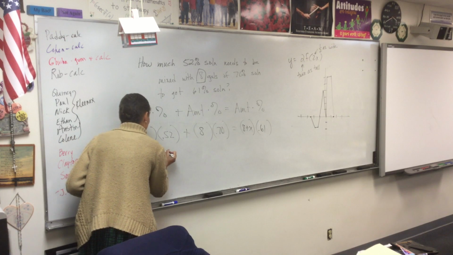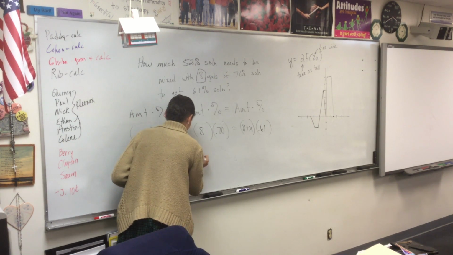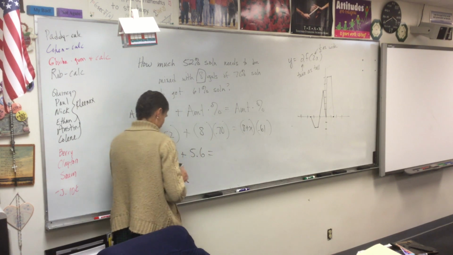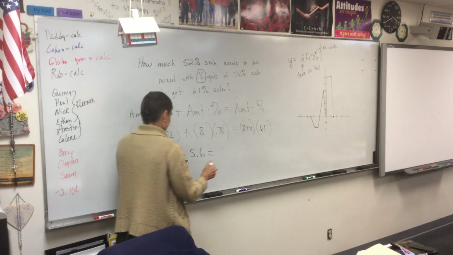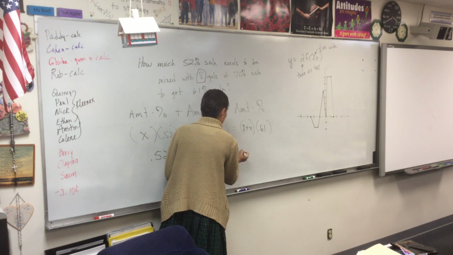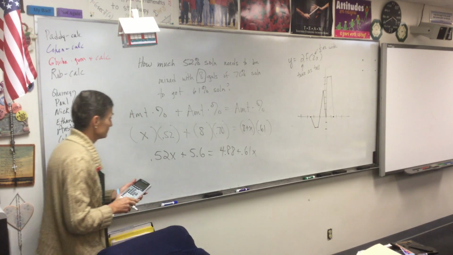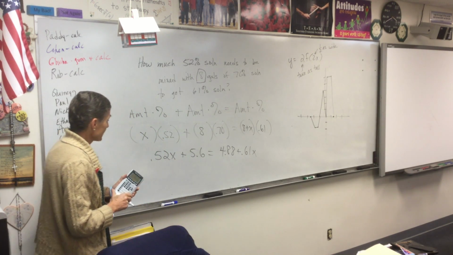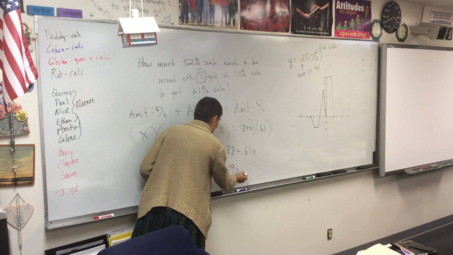So 0.52X plus 5.6 equals, distribute 0.61 times 8. Now I'm going to subtract my 0.52, so I got 0.09x.